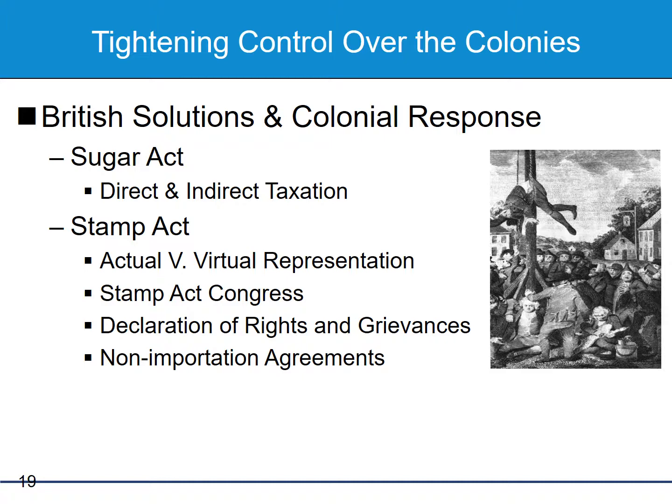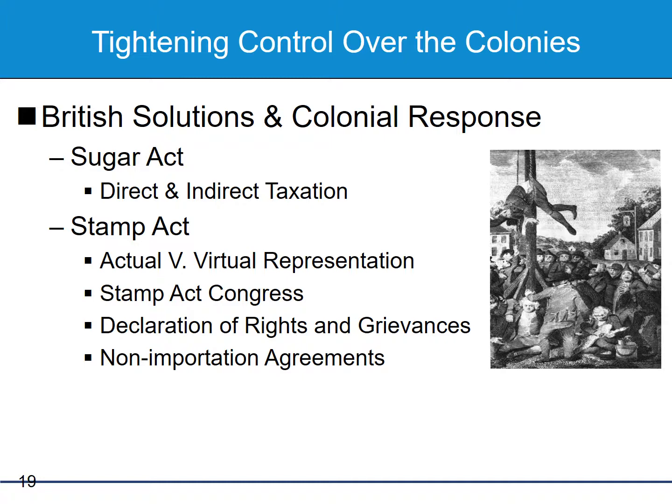But what the colonists were talking about was what we would term as actual or direct representation, as opposed to what the British were talking about with virtual representation. The idea that the entire British Parliament represented the entire British Empire was somewhat alien to the Americans, who were used to their colonial assemblies taxing them.